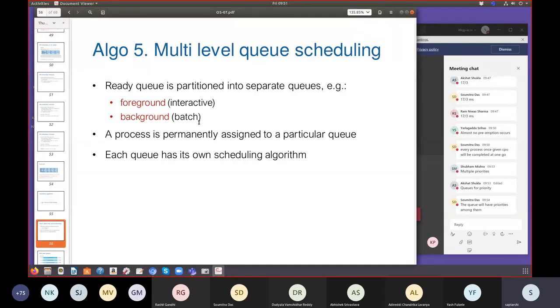So there is no interaction with the user. The system can decide to give different priorities to these two types of processes. The interactive processes will be in the foreground queue, and the batch processes will be stored in the background queue. Typically, each queue will have its own scheduling algorithm, with possibly higher priority given to the foreground queue.